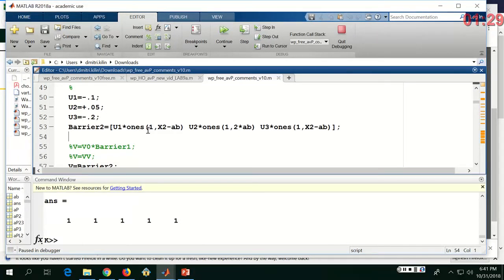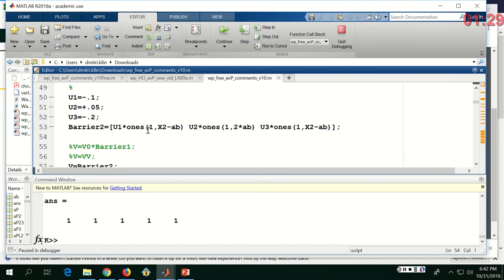Okay, so we define three segments. The x2 was defined somewhere as a midpoint. There are three segments: left, center, right. This 2 times AB is the number of grid points dedicated for the barrier, so how many ones will be in the center.